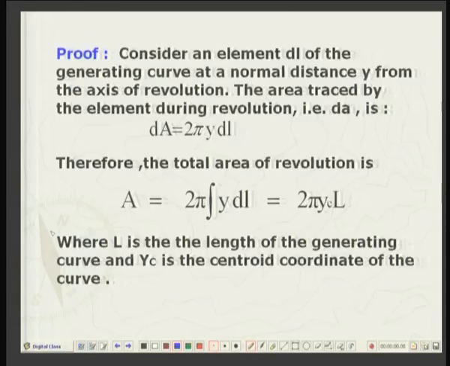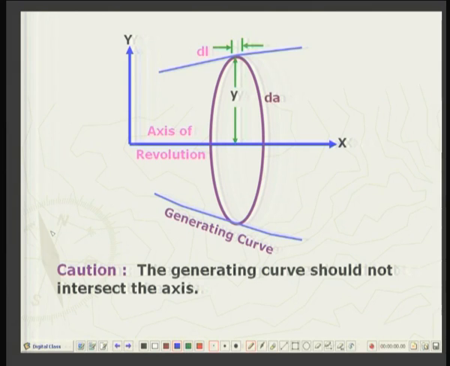Well, the proof is also very simple. We consider a small element of the curve which is being revolved. The arc length of this small element is dl, and as it is being rotated, this dl will generate a ring shaped surface.